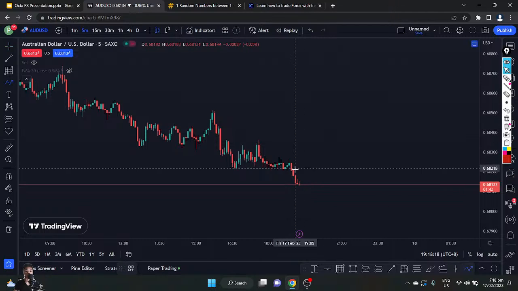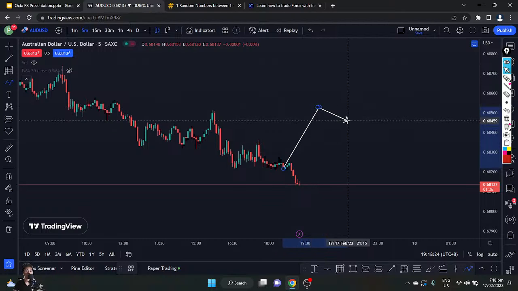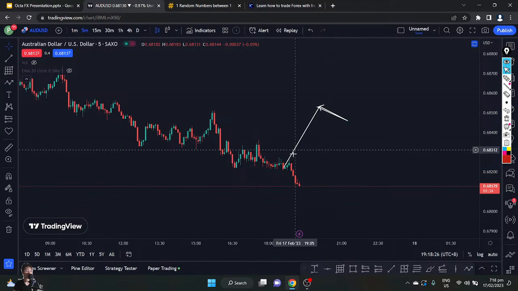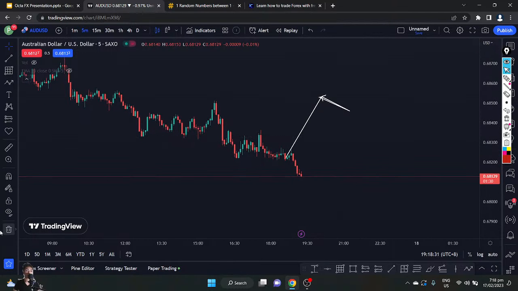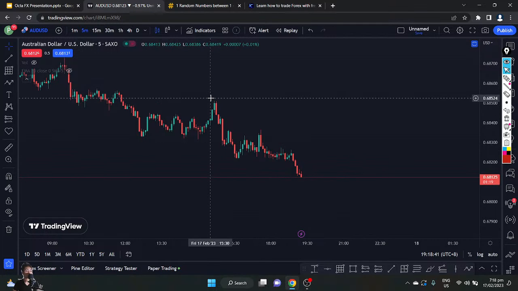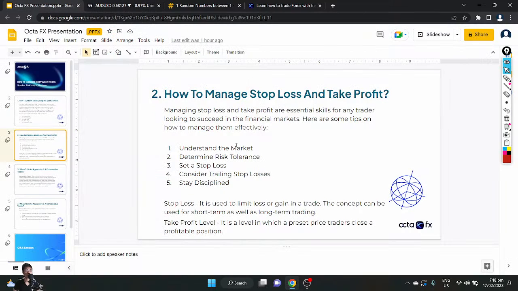So let's say we took a short trade here, then the price goes up to this level. Imagine without putting in your stop loss, then you may lose your entire account and blow it, and that's the reason why it is advisable to learn where to look for a better placement of your stop loss, right?